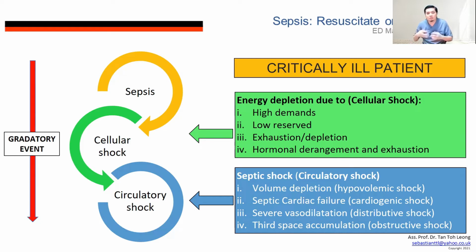The inotrope also makes the heart contract more, causing hyperdynamic circulation and faster ATP depletion, making the cellular shock more severe. And this is a vicious cycle. That's why we need to tackle the cellular shock first before the circulatory shock. That's why septic shock is a gradual event rather than an acute event.